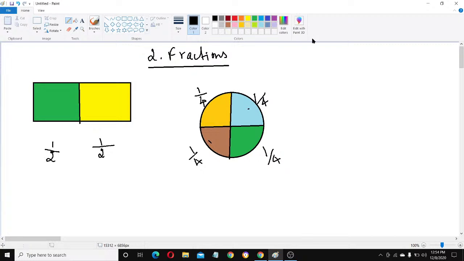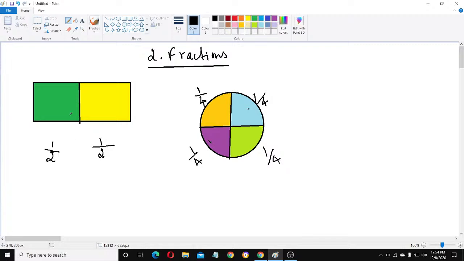Blue color part, out of 4, one part is blue color part. Next this green color part, out of 4 equal parts, one part is green color part. Here you see violet color part, out of 4, one part is violet color part, so 1 by 4.